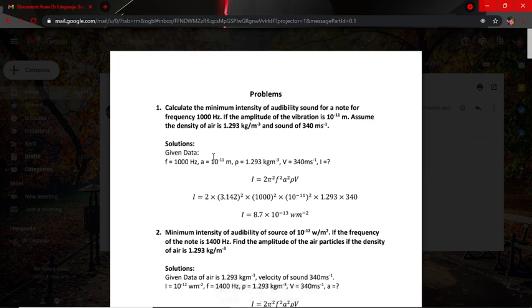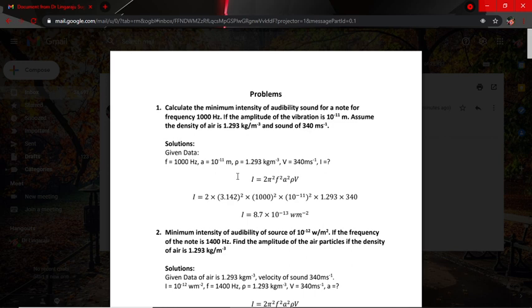Here they have given the frequency, 1000 Hz, the amplitude, the density, and also the velocity. Knowing all these things, we have to calculate the minimum intensity.